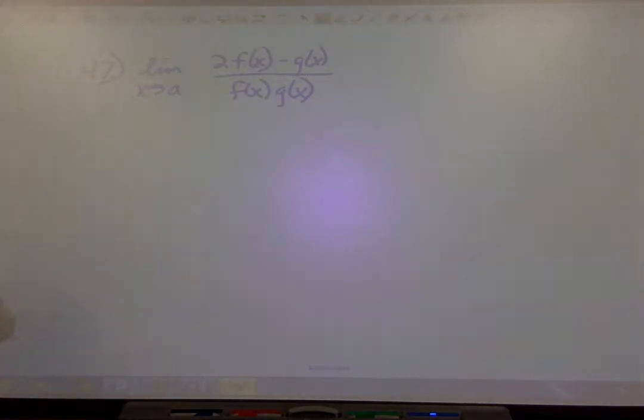The instructions say find the indicated limit given that the limit as x approaches a of f of x is 3, and the limit as x approaches a of g of x is 4.